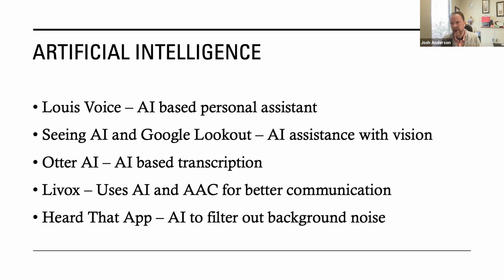It also has a color identifier, money identifier, and, if I didn't say before, can read handwriting. It's one of the first things I've seen that can do that. Google has its own version of this software, and I believe it's called Lookout. It is available for the Android platform, does about the same thing, but they're all artificial intelligence based. So they're all sending this information up, artificial intelligence is figuring out what it is and sending that information back.